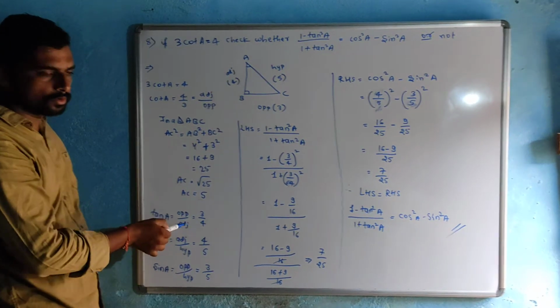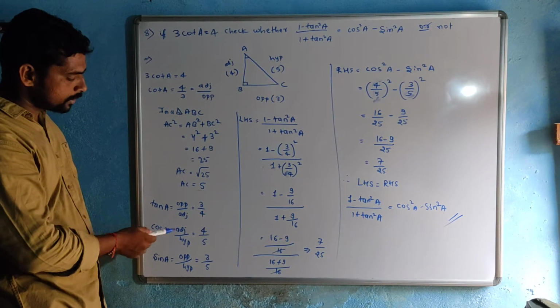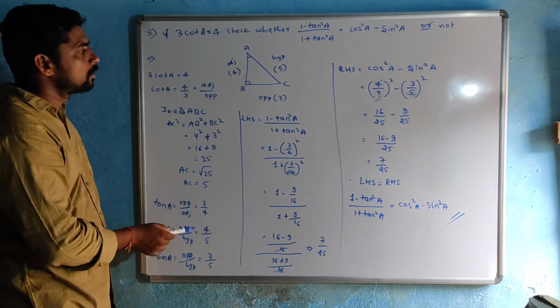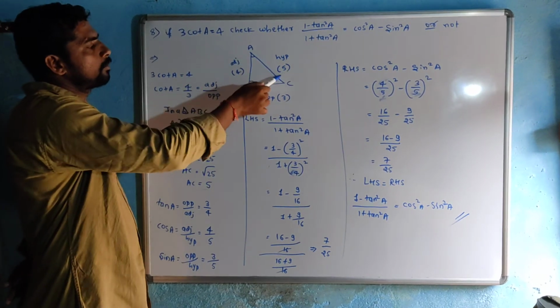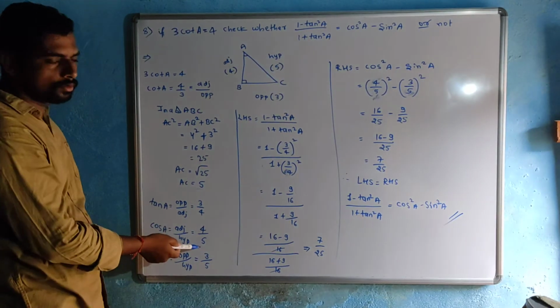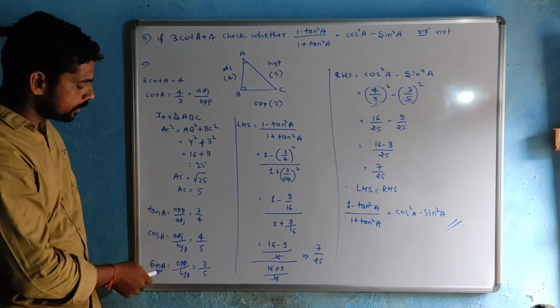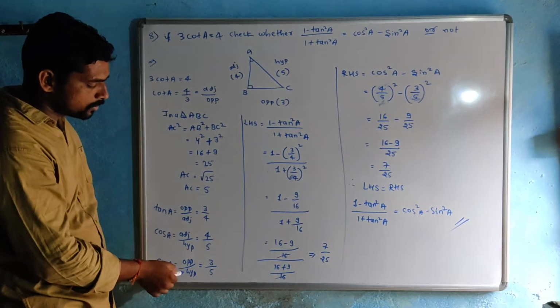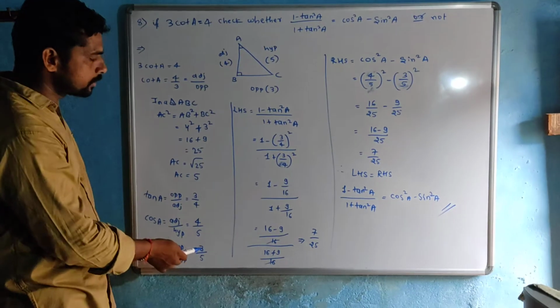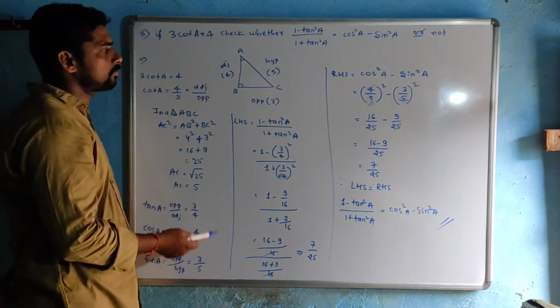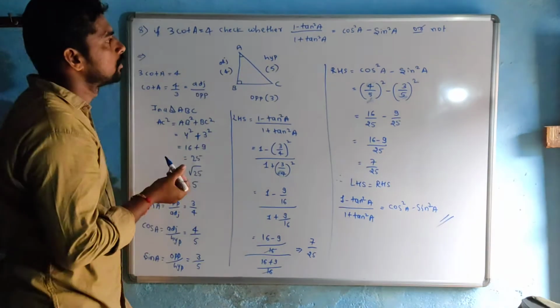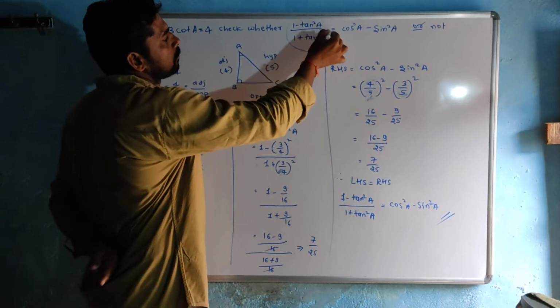Therefore tan A is 3 by 4. Then cos A is adjacent by hypotenuse. Adjacent is 4, hypotenuse is 5. Therefore cos A is 4 by 5. Then sin A is opposite by hypotenuse. Opposite side is 3, hypotenuse side is 5. Therefore sin A is 3 by 5.